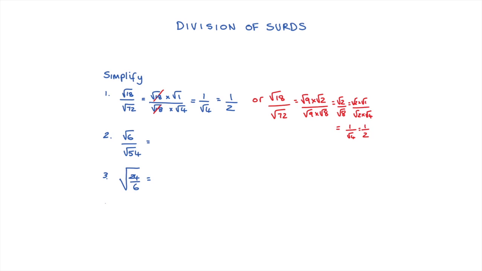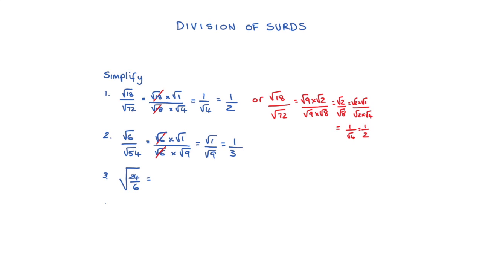Let's look at the second example. Root 6 we can write as root 6 times root 1 and root 54 as root 6 times root 9. Cancelling off these common factors, we're left with square root of 1 over the square root of 9. The square root of 1 is just 1 and root 9 is 3, so that cancels down to 1/3.